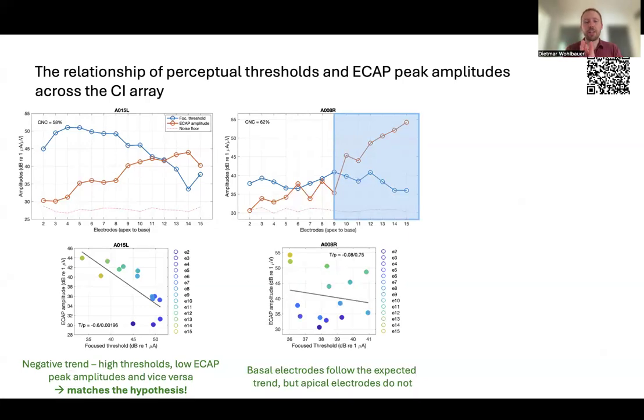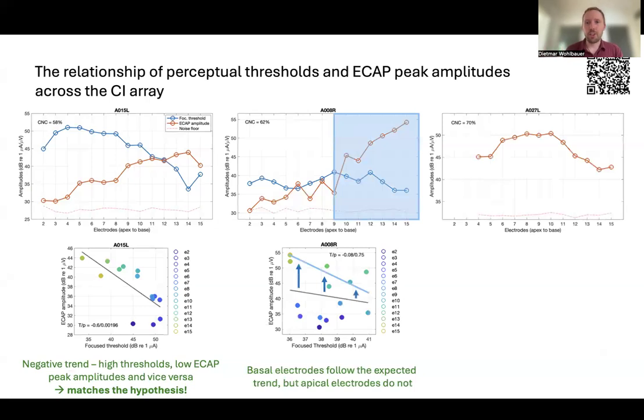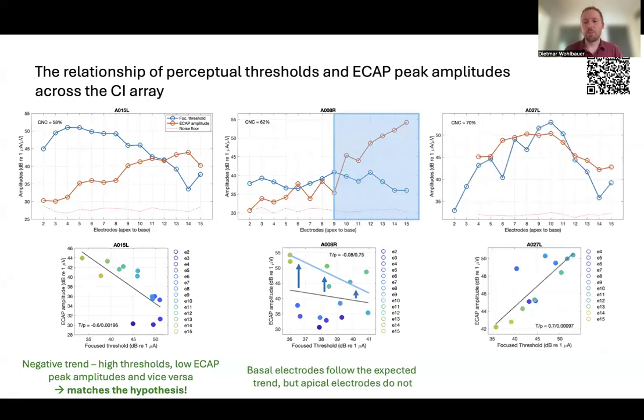If we could identify this partial negative correlation, then we could potentially find a negative relationship which follows our hypothesis again. But to also show you that there's a completely different subject group, especially this one subject, we can have a positive correlation as well, which doesn't follow our hypothesis at all, which is nothing we particularly want to see, but you will see this is a very special case.